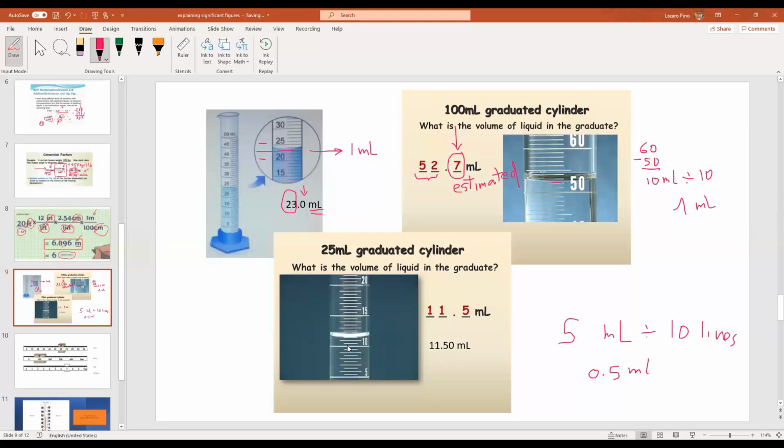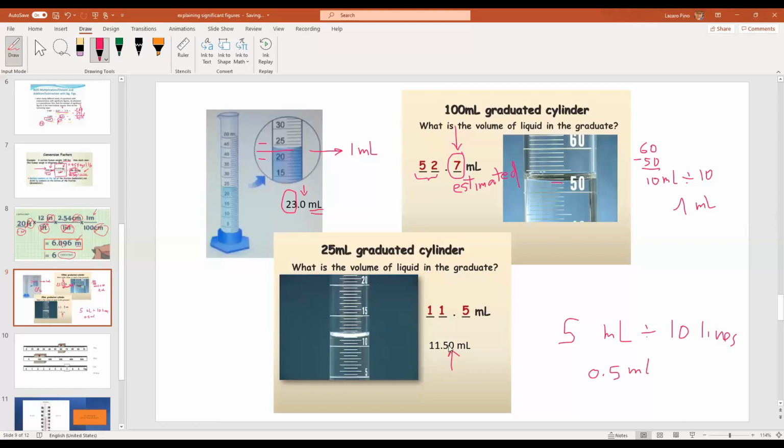You come here and you observe that it is 11 for sure, but it's a little more. It's 11.5 for sure. But if it were in between, you have to say 0.51, 0.52, whatever. So in this case, it is sharp, and you have to put a 0 here.